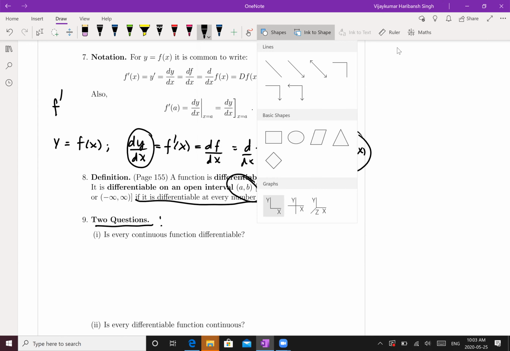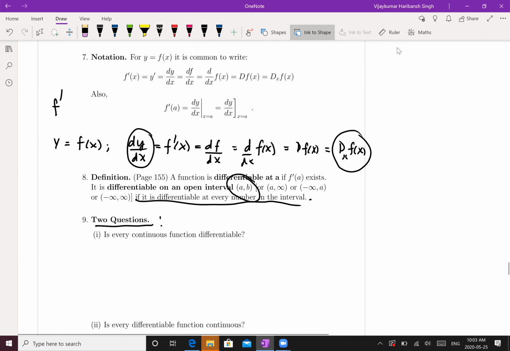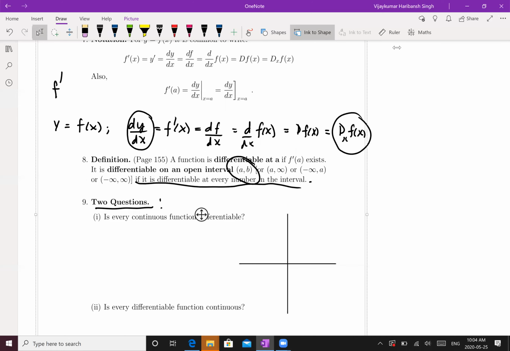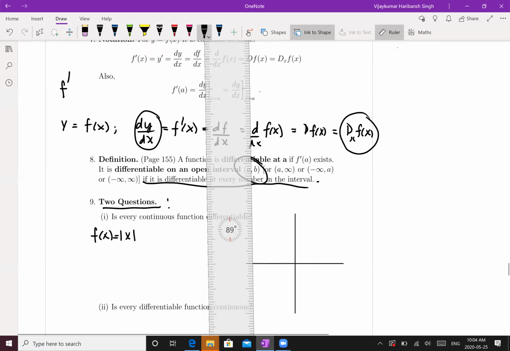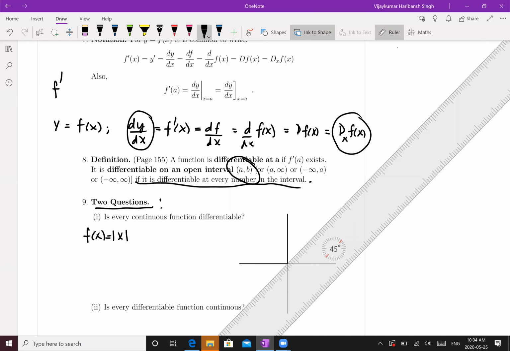We just saw this example some time ago. So let's look at f of x equals the absolute value of x. So let me draw the graph of it. The graph will look like it's a piecewise function.